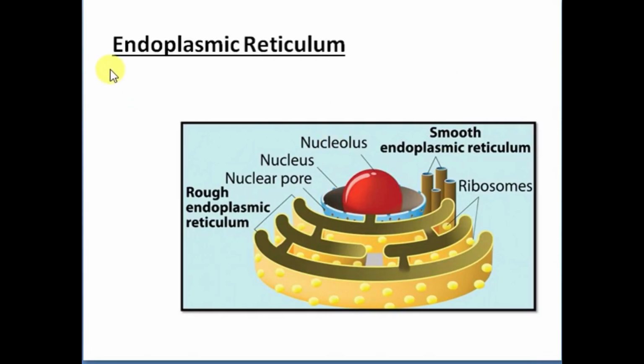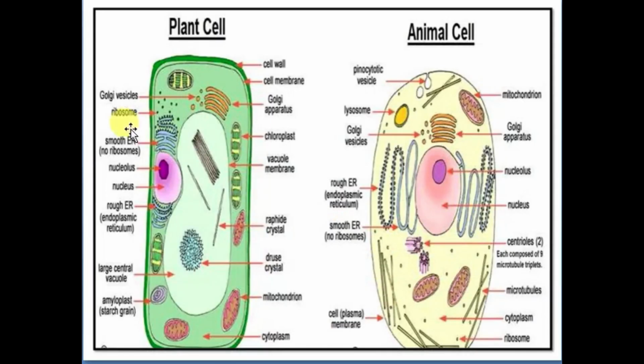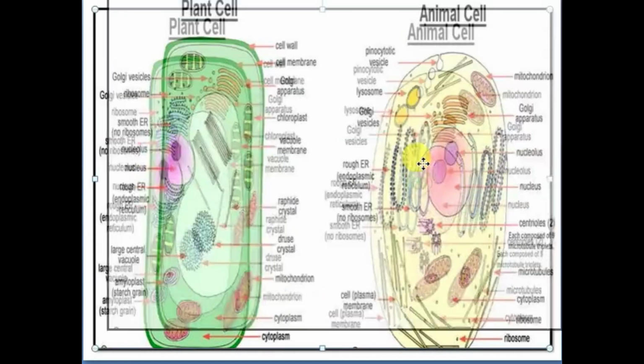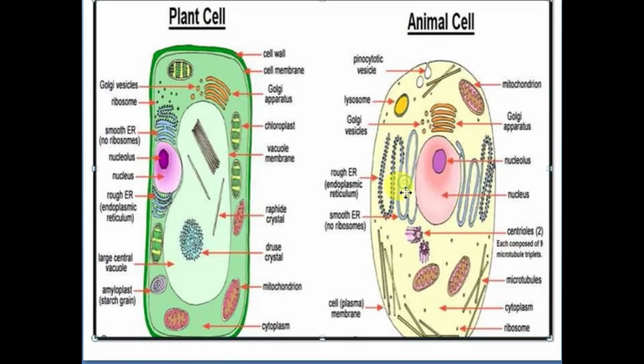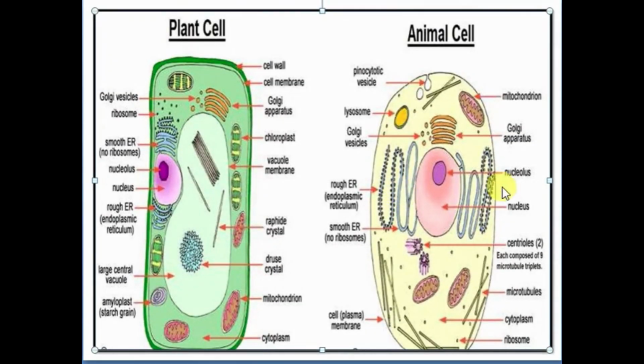Now we'll cover the endoplasmic reticulum. I'll show you in this diagram where the endoplasmic reticulum is present inside the cell. Here you can see we have the endoplasmic reticulum.